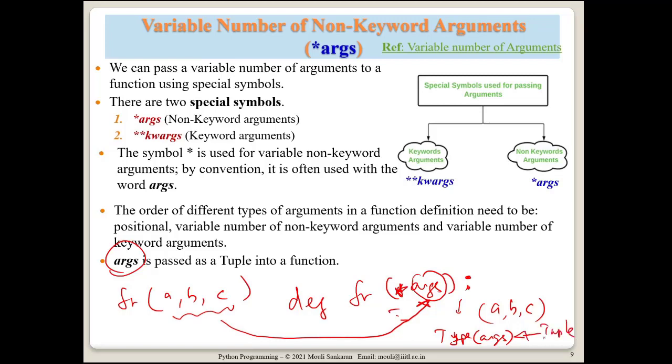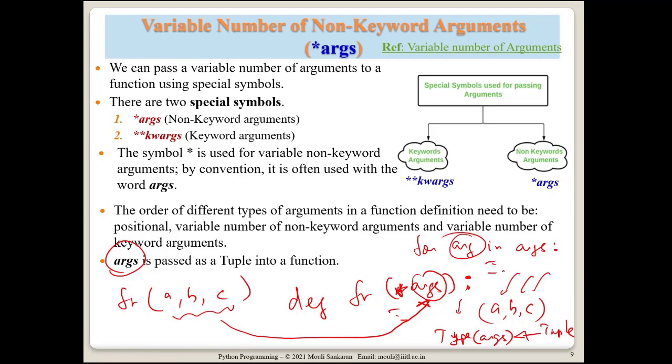Okay. And then how do I access these parameters? I don't even know how many there are. So you need to have for arg in args. Then you can access them one by one. It may be none, it may be many. You can access the individual parameters that are coming in using this.